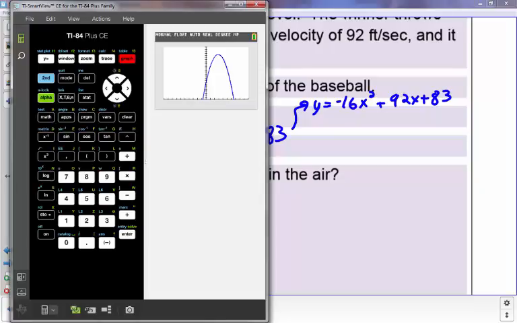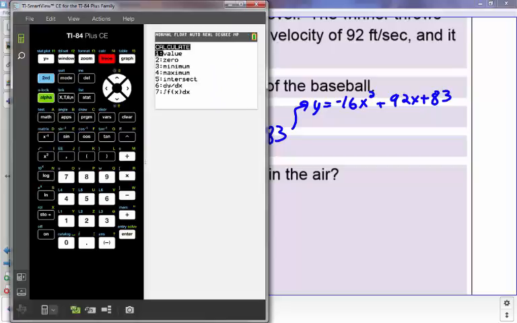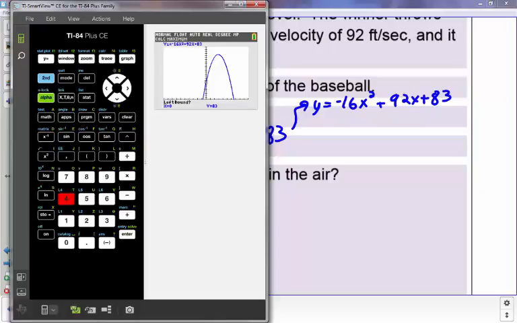So we need to find what's the maximum height. So we just do maximum height. Do second, trace. Number 4, maximum. Tells me left bound, right bound. So left bound. Pick a spot to the left of the max. Hit enter. Pick a spot to the right of the max. Hit enter. And then just pick a spot somewhere in between. Hit enter again.